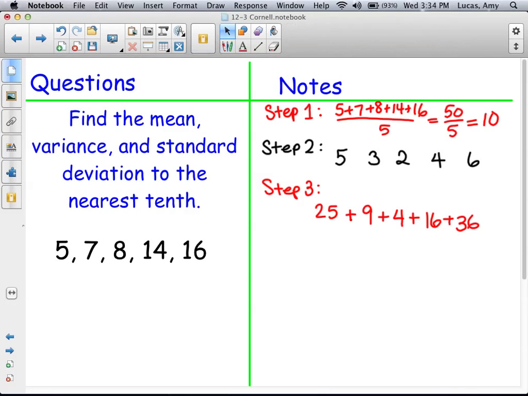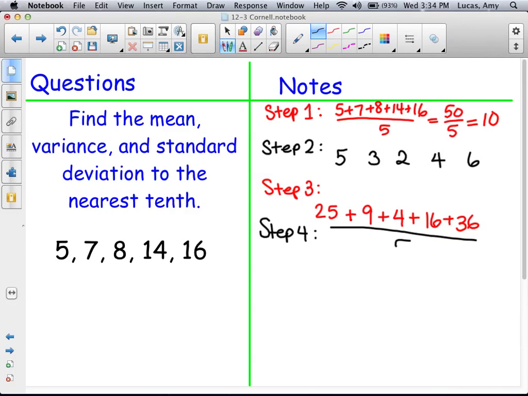So step 3, I'm adding those up, and step 4, dividing by how many numbers there are. So 5 numbers. So I get 90. So 90 divided by 5 is 18.